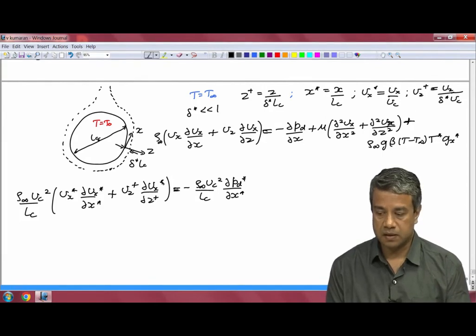I have used the same scaling, rho infinity times Vc square, for the dynamical pressure as well.